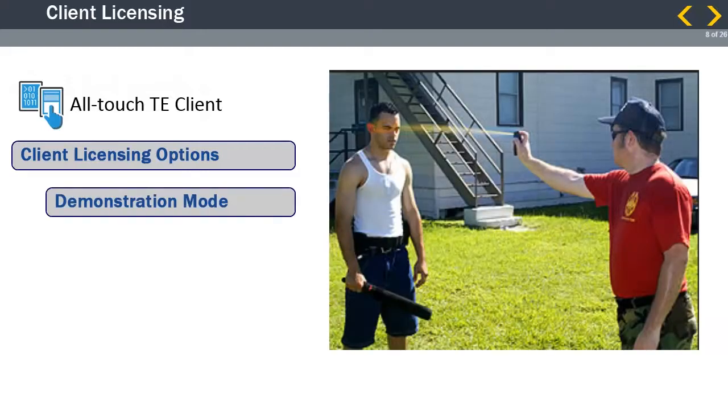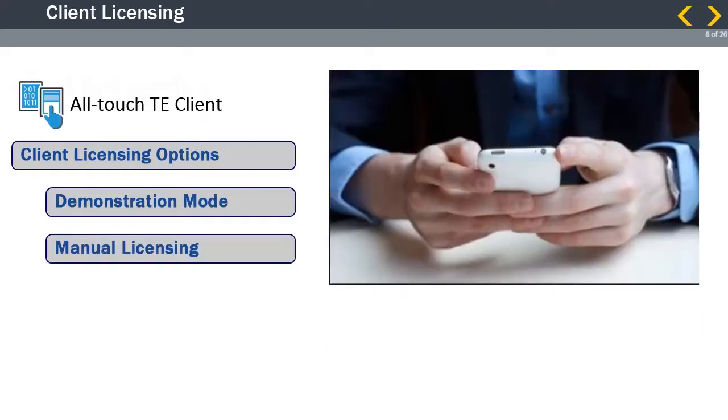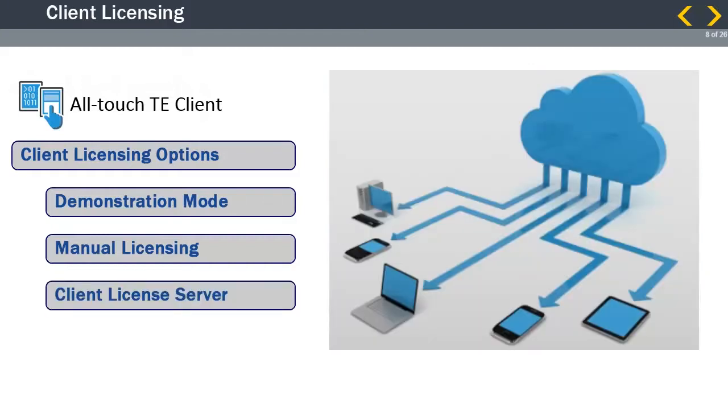If after a demonstration period, a company decides to purchase licenses and works in full production mode, there are 2 types of licensing models. Manual licensing, which entails touching each and every device, and automated licensing, which uses the Wavelink license server. The next few slides will discuss the 3 different modes of licensing available.